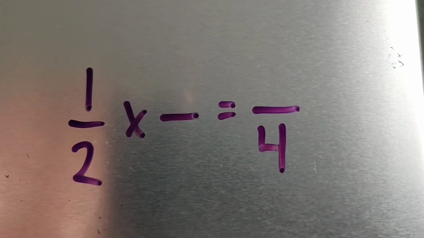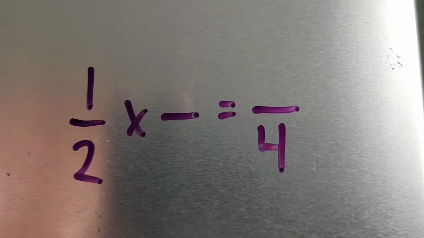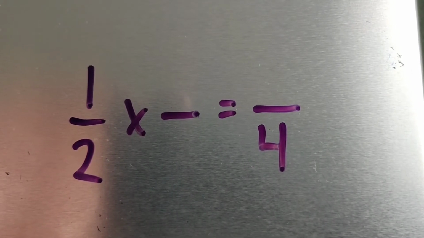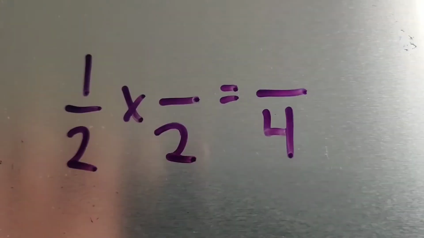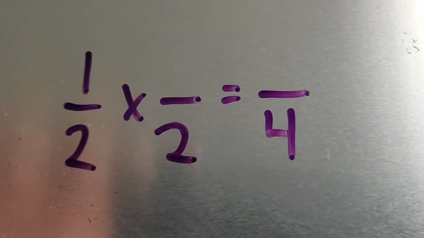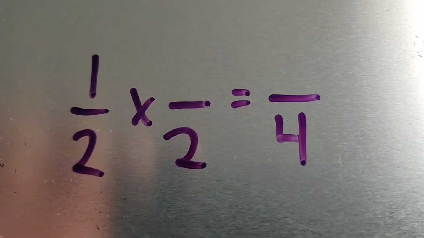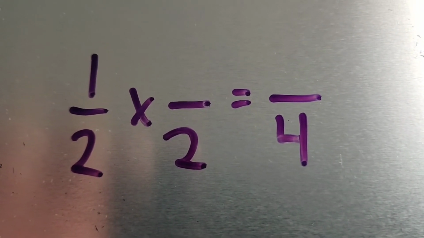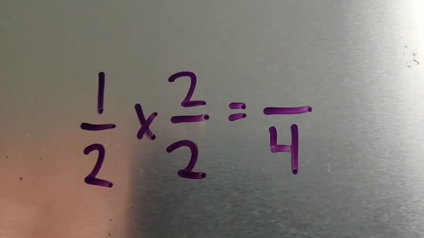And I could see here that if I want to express 1/2 as a fraction with a denominator of 4, I just look at the denominator. 2 times what is 4? That's right, 2 times 2 is 4. So remember, I have to multiply 1/2 by the same numerator and denominator. So if I'm multiplying it by a fraction with a denominator of 2, the numerator also needs to be 2.